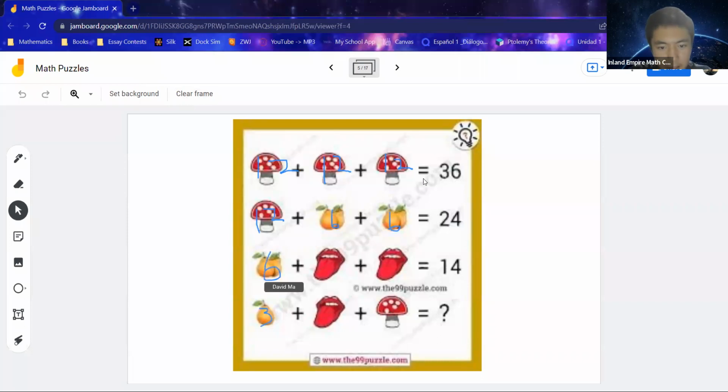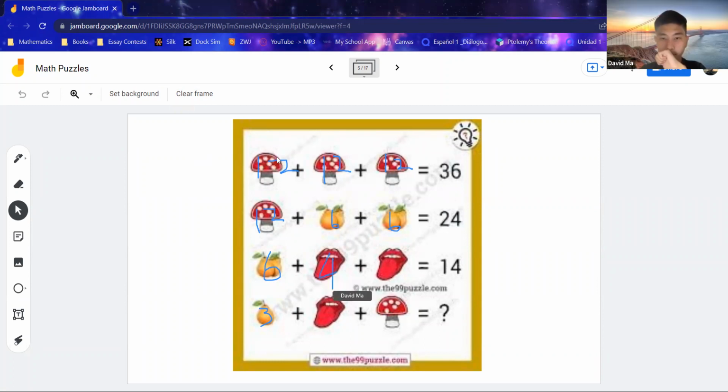All right, Lloyd, what is the tongue? It's a very interesting symbol. 4. That's right. Correct. So, Lloyd, tell us the answer. 19.